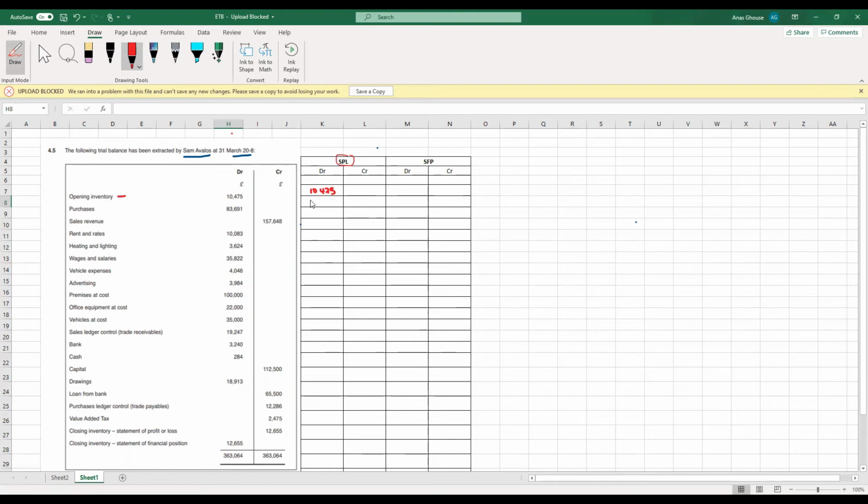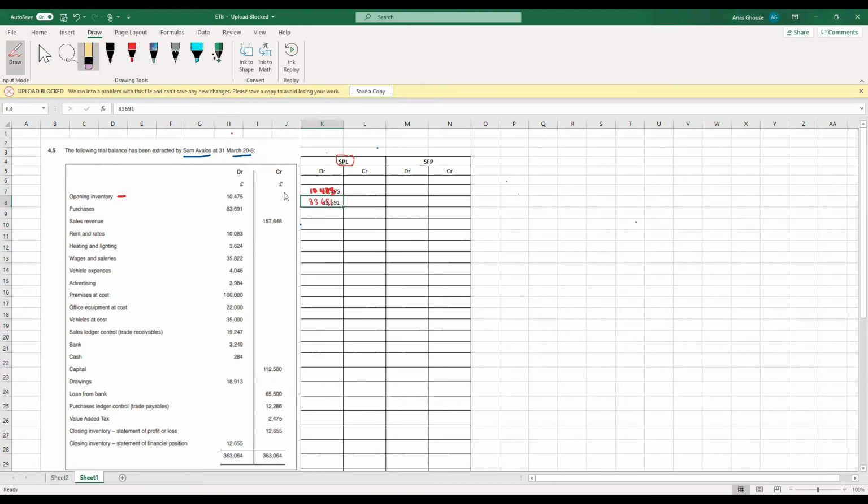Okay, so therefore 83,691. So that will be the amount to be shown in the statement of profit or loss. So this one, I'll say 83,691, and this one 10,475.